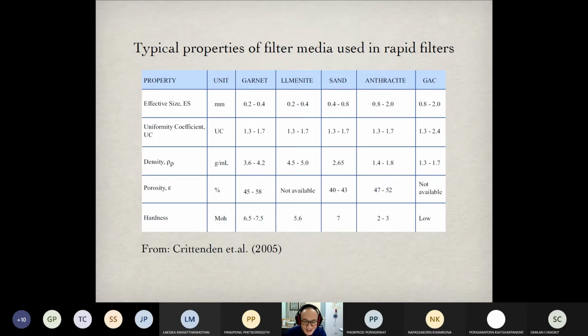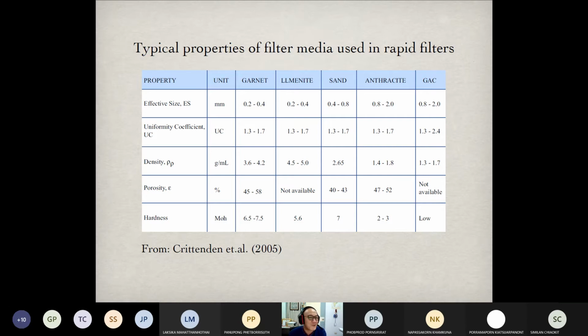Hardness here doesn't mean the concentration summation of the polyvalent cations, but it really means the hardness of the material, measured in terms of Mohs. Anthracite is not very hard. Granular activated carbon is also not very hard.